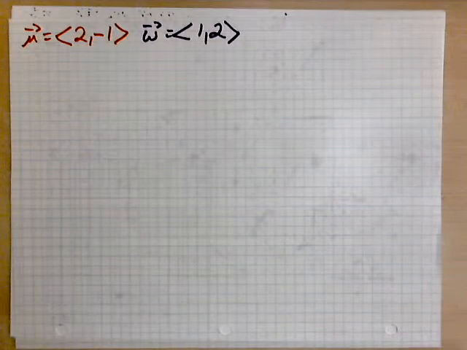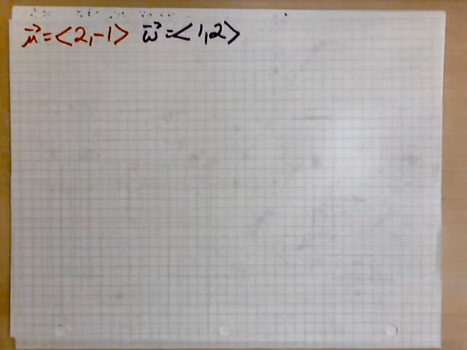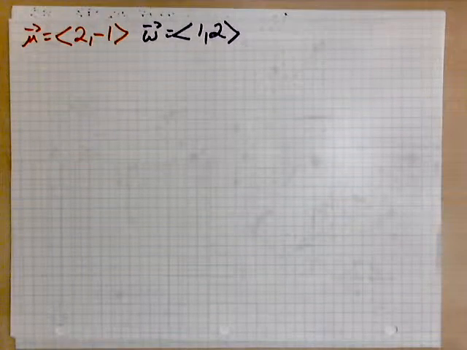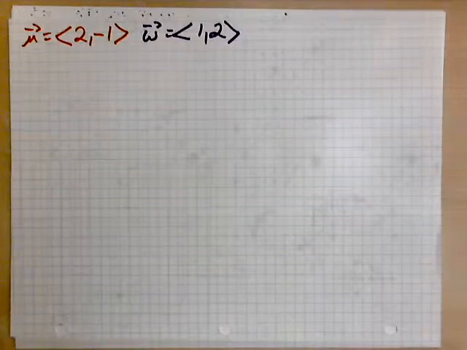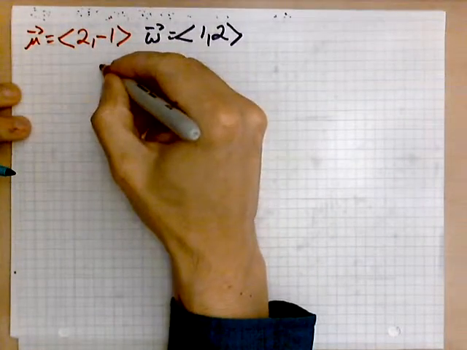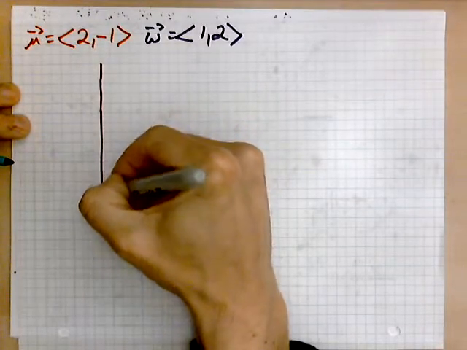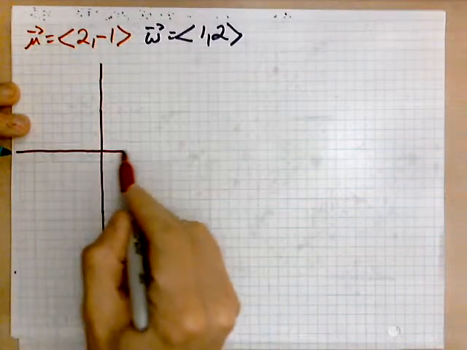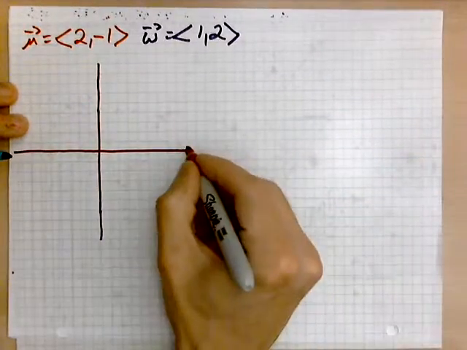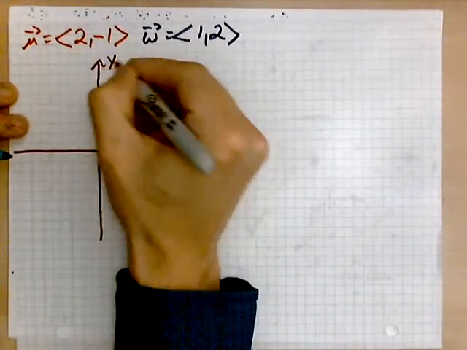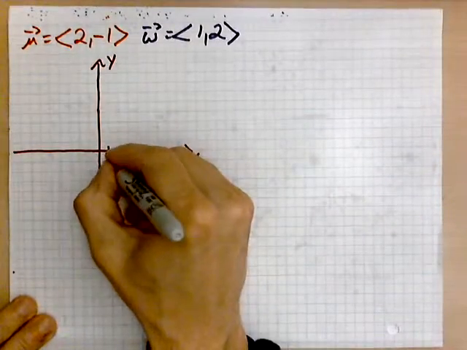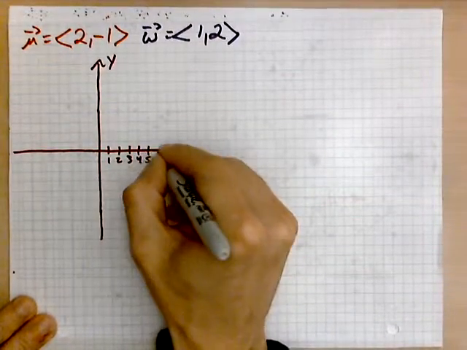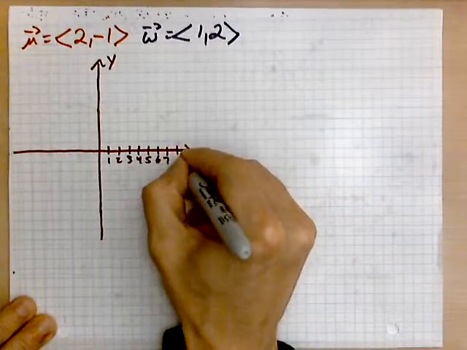First step, set up a coordinate system and do all your work within the coordinate system. So we're setting up a little coordinate system. This is X and this is Y. Let's mark 1, 2, 3, 4, 5, 6, 7, 8.